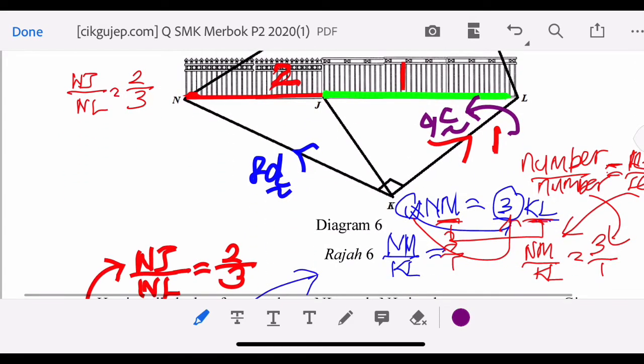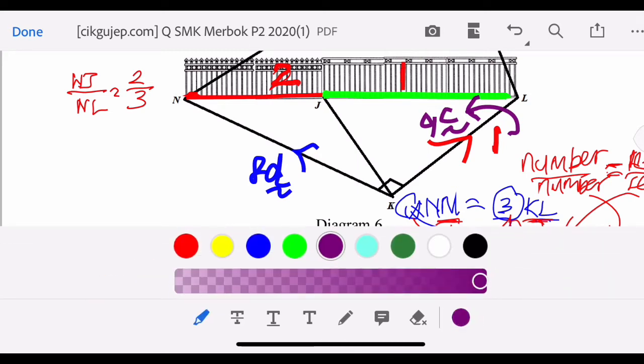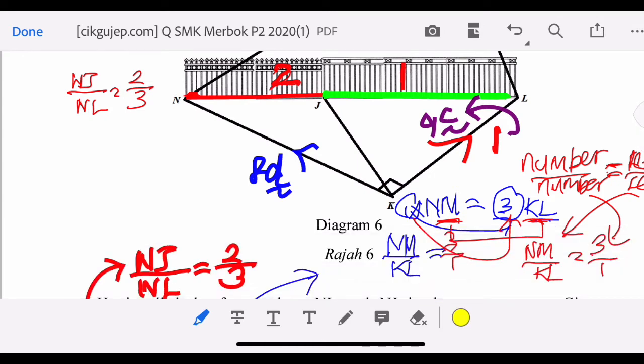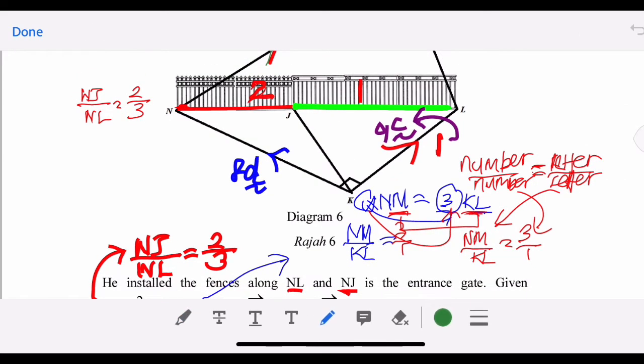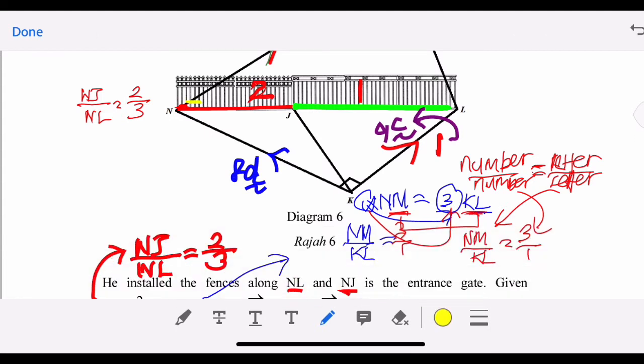So if you want to find the vector, you must follow the triangle law. Without triangle law, you cannot find the direction of the vector. So now we are going to write down the triangle law in order to solve the vector asked by the question.